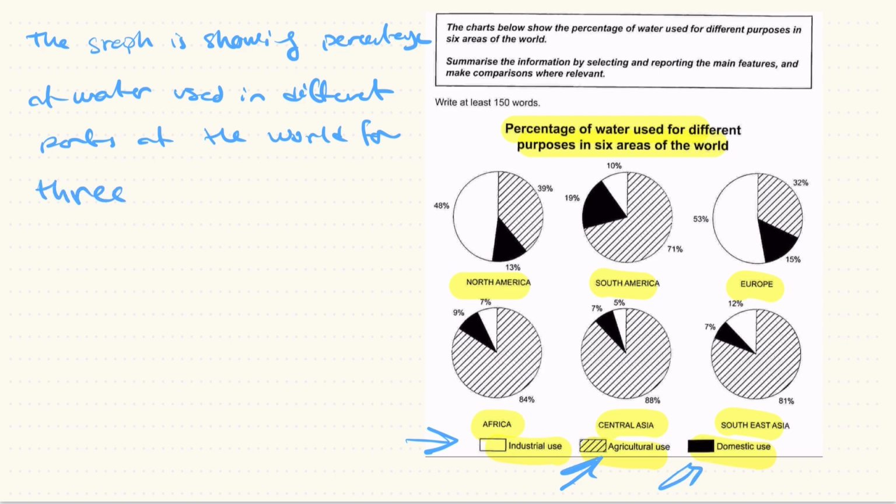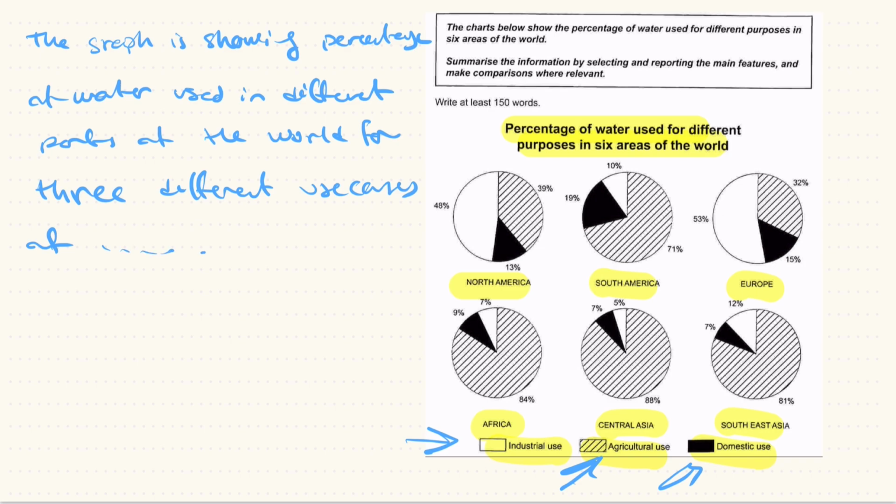So for 3 different use cases, you can mention industrial use, agricultural use, and domestic use. So you can give more details here.